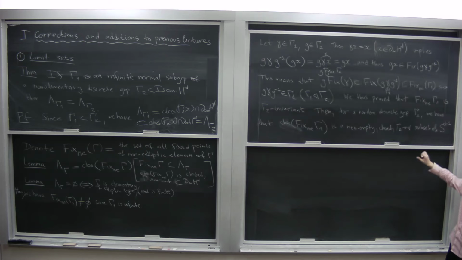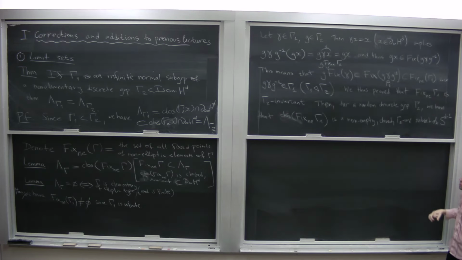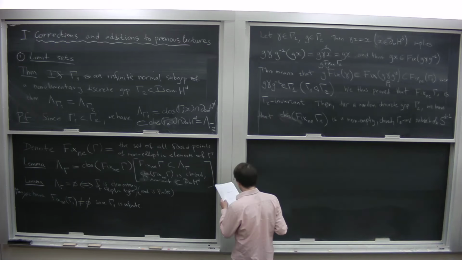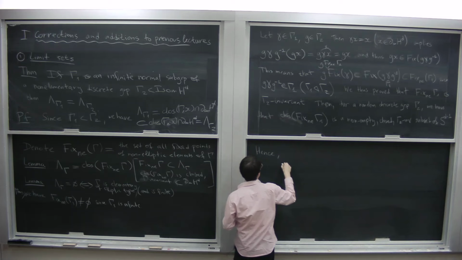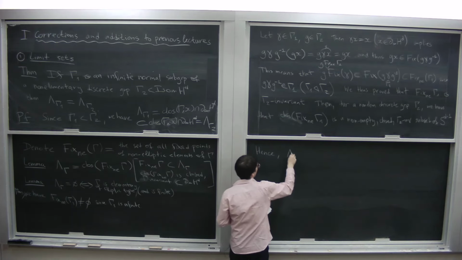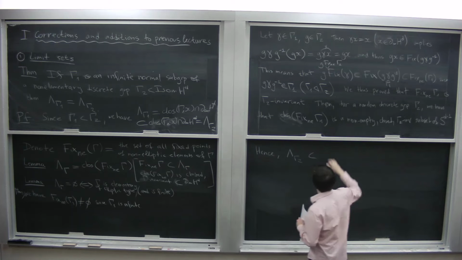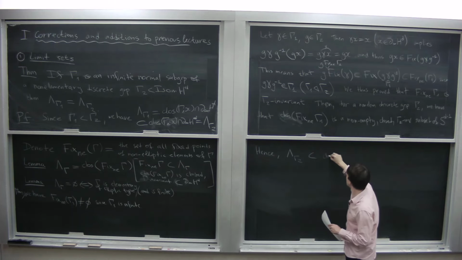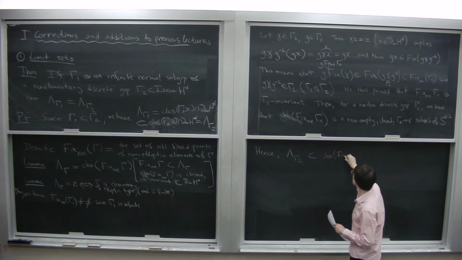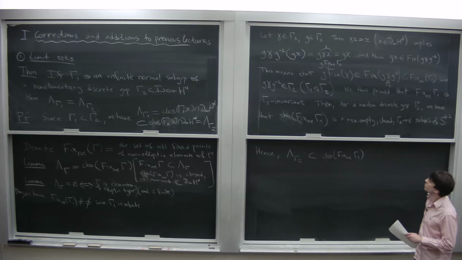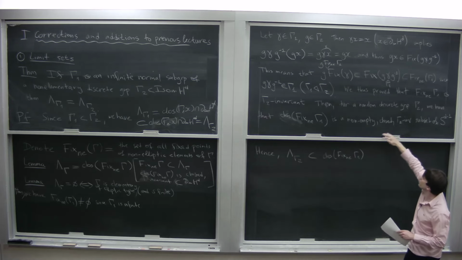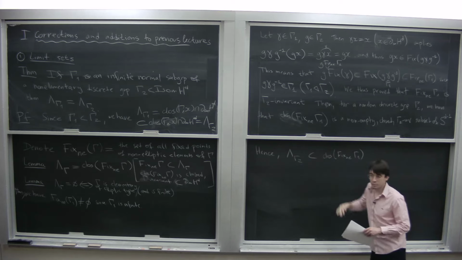And this is important. Now we can use this theorem from the previous lectures that the limit set of gamma 2 should thus be contained in this, right? Hence, we have the following. Lambda gamma 2 is contained in the closure of fix sub ne of gamma 1, since it's a closed gamma 2 invariant non-empty subset, which means that it contains the limit set of gamma 2.